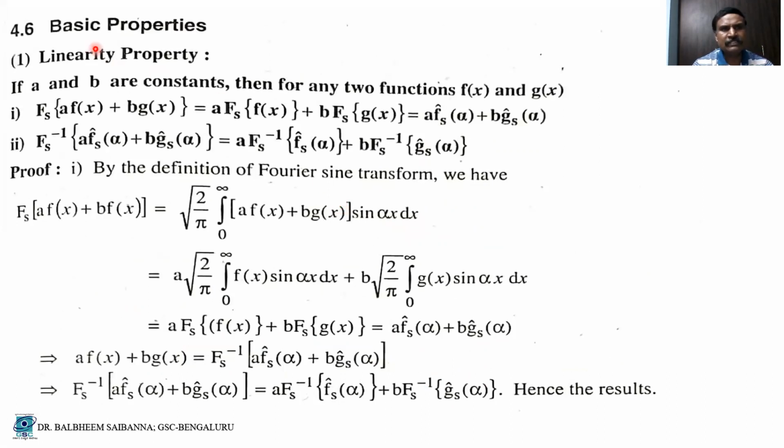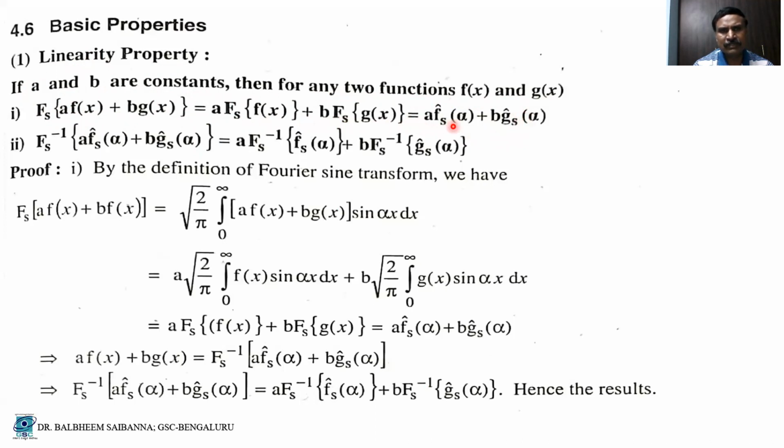Now, basic properties. As we know that in the Fourier transformation there are 6 basic properties, here also some basic properties are there. First one, linearity property. If a and b are constants, then for any two functions f of x and g of x, we have to prove that first, Fs of a f of x plus b g of x is equal to a Fs of f of x plus b Fs of g of x, that is equal to a Fs cap alpha plus b Gs cap alpha.